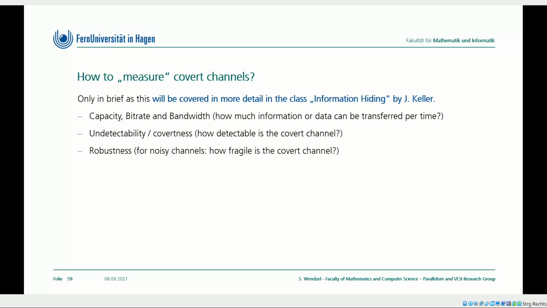He will introduce fundamental terms like capacity, bitrate, and bandwidth. So how much information or data can be transferred per time is the question. In general, I assume you have a basic understanding of these terms, but I won't conduct any calculations in this class, at least only in a very limited manner.